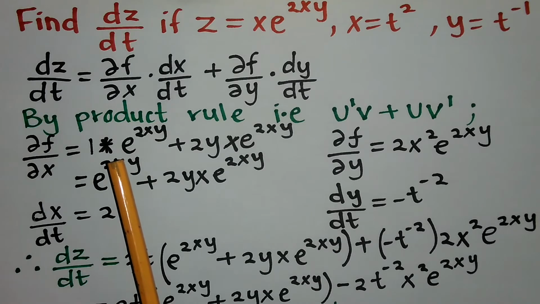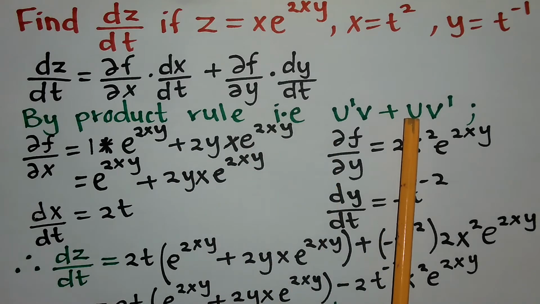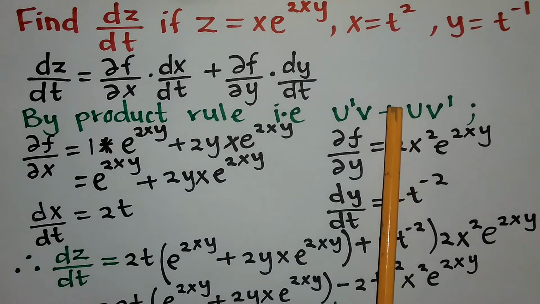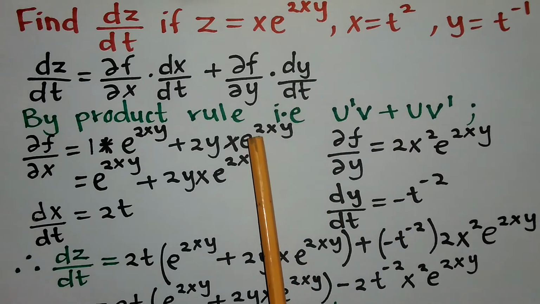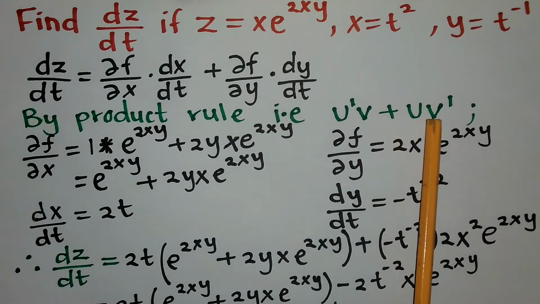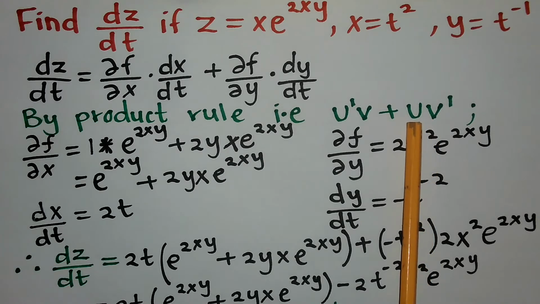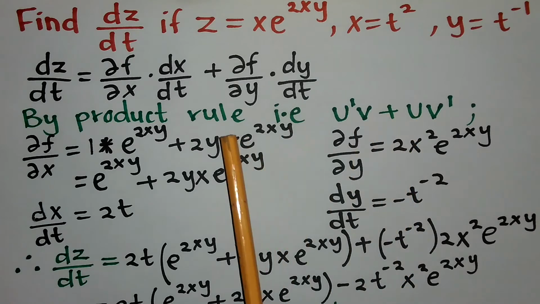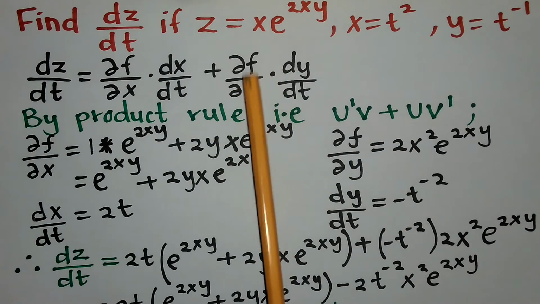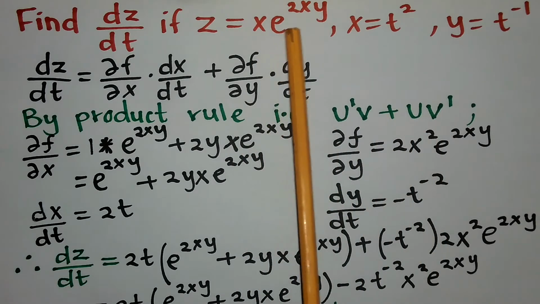Could be positive or any other binary operation, but in this case it's multiplication, plus u, our u in this case is x, multiplied by the derivative of v.